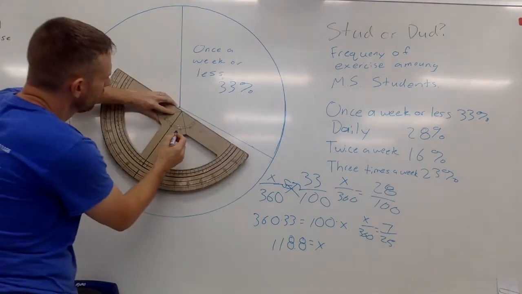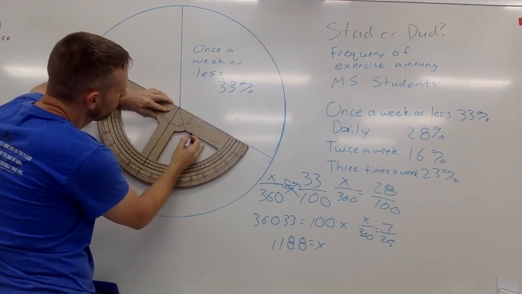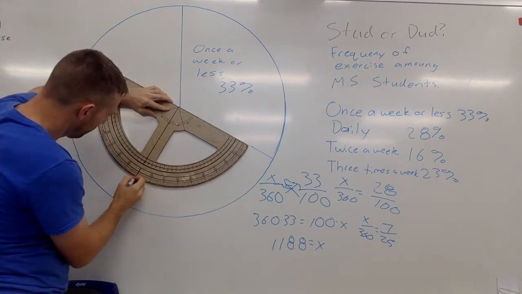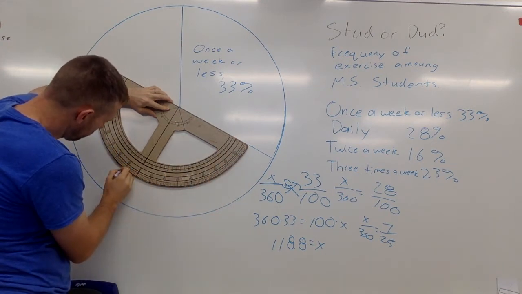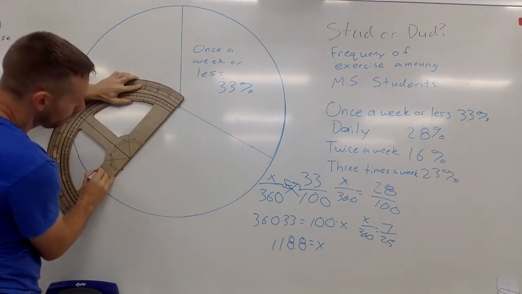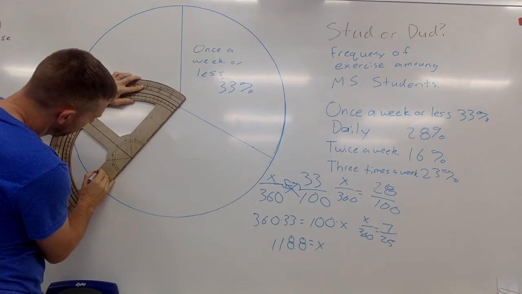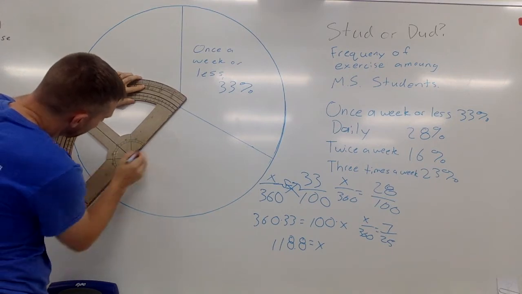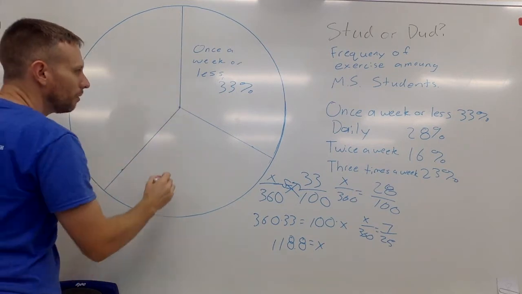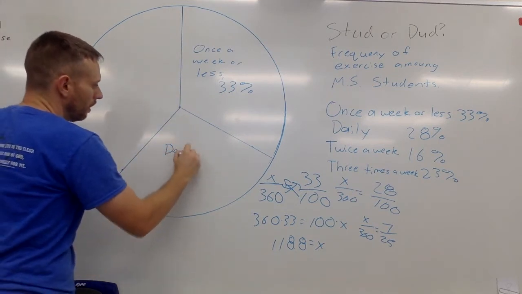I'm going to start at this line now. That's 90, 100, 101, so it should be a little less than the 119. I'm going to label that daily, 28%.